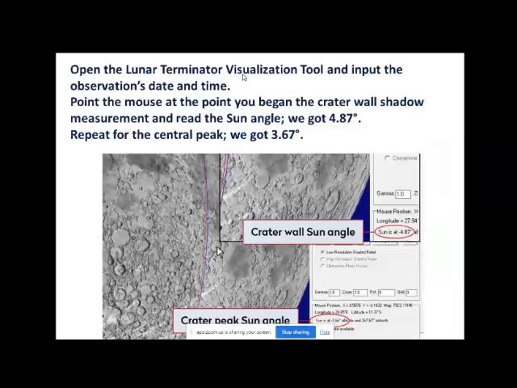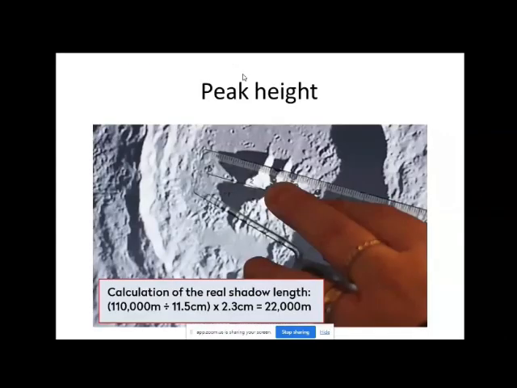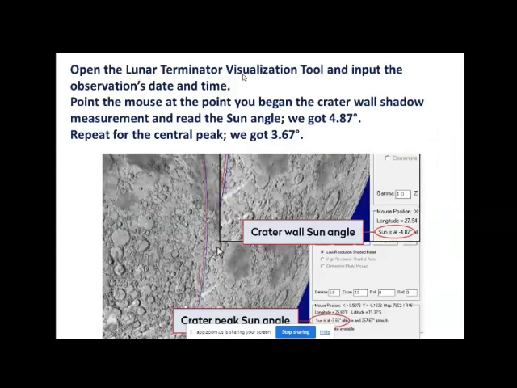We need extra data from a website or an app, the Lunar Terminator Visualization Tool, and this tool gives the sun angle for the particular time and date when the image was taken. This is a very important thing.